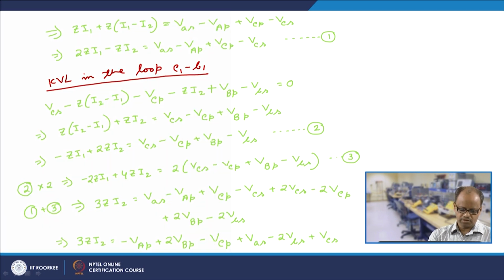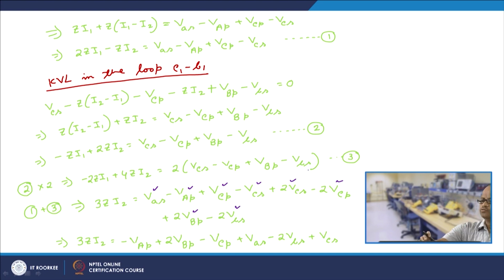So again let's cross check. So cross check is VAP plus 2 VBP minus VCP plus VAS, then minus 2 VBS and plus VCS.